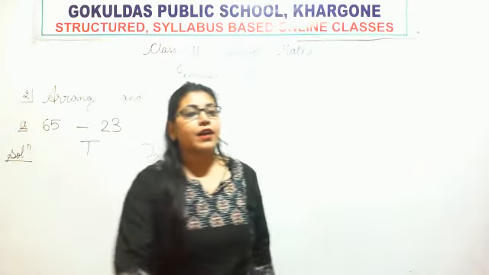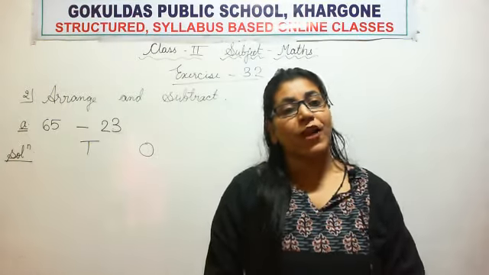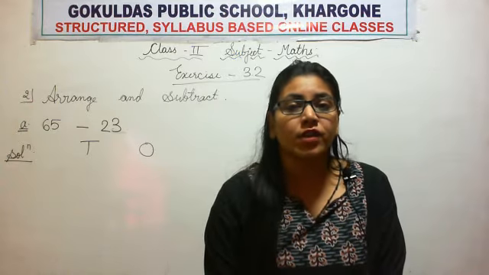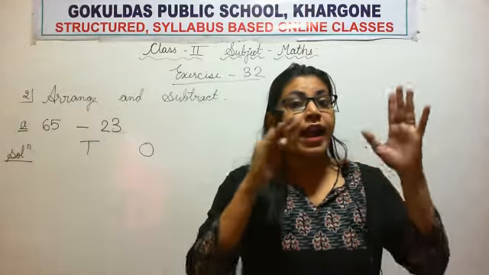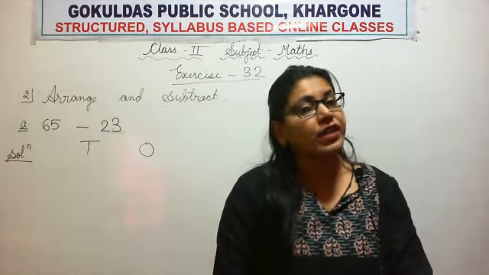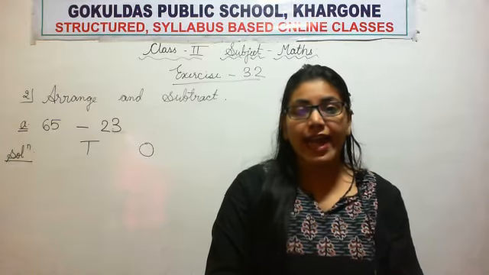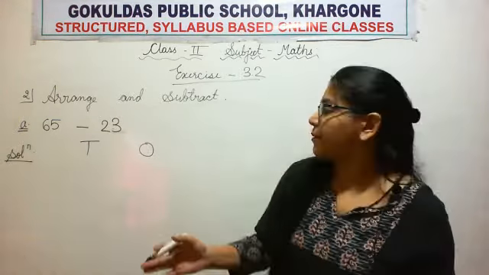Now, the bigger number is our minuend. We had learned minuend, subtrahend and difference, the terms used in subtraction. What was the minuend? The bigger number from which we subtract the smaller number is called minuend. So we have to find the bigger number. Between 65 and 23, which number is bigger?